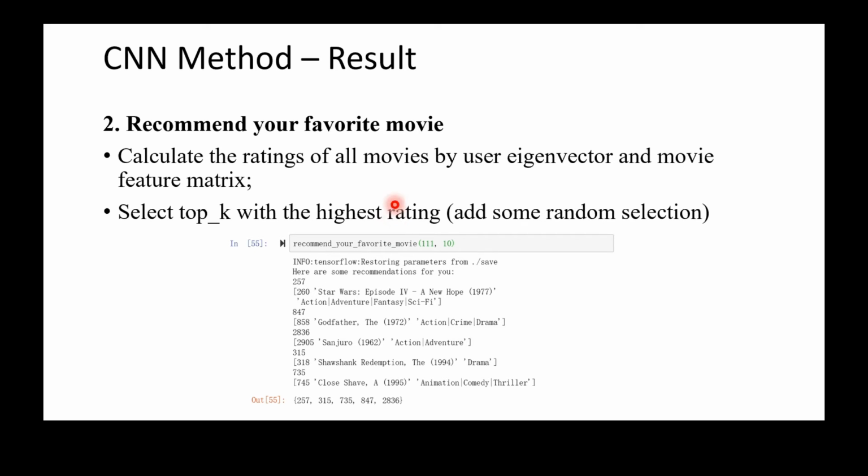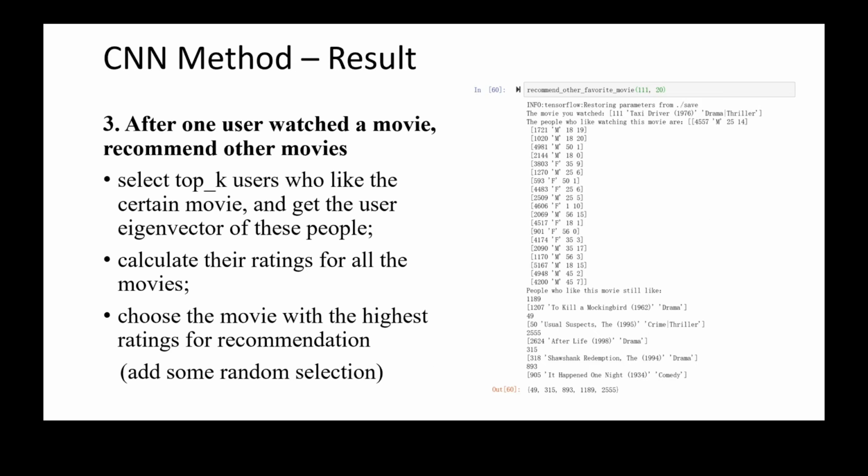The second one is recommending your favorite movie. Calculate the rating of all movies by user eigenvector and movie feature matrix, and select top K with highest rating. It also needs to add some random selection. And the third one is, after one user watched a movie, recommend other movies.